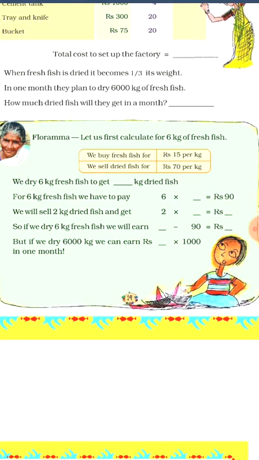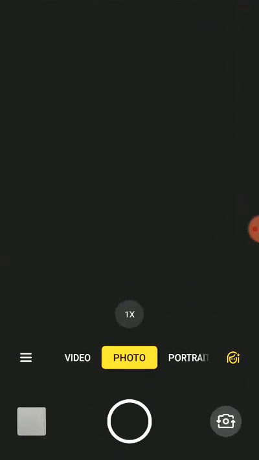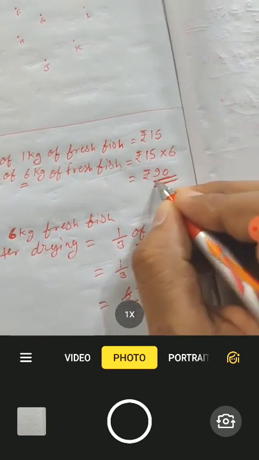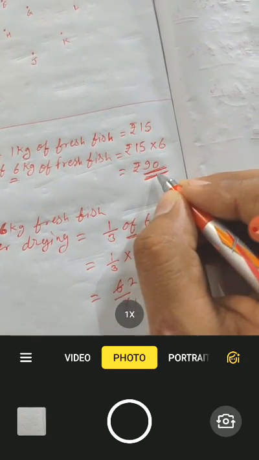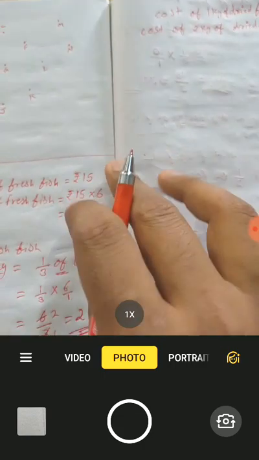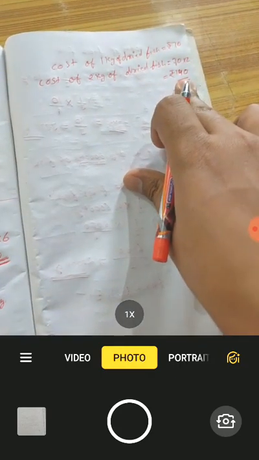So if we dry 6 kg of fresh fish, then how much will we earn? Yes, let us see. The cost of 6 kg of fresh fish is 90, and the selling price of the dried fish is 140.